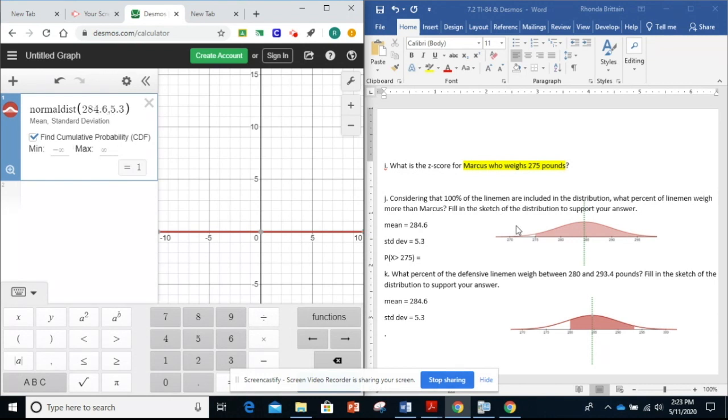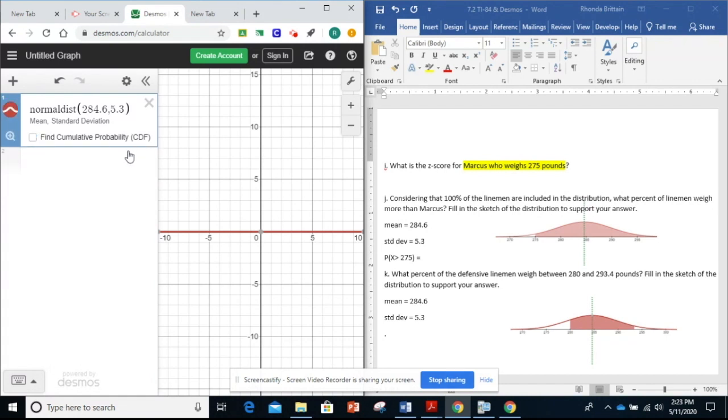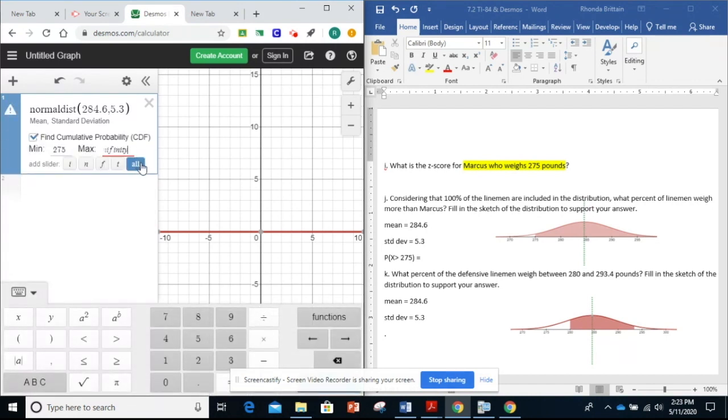And so we actually are going to shade everything on this number line starting at 275 and going up to infinity. On the TI-84, there's not really an infinity button, but notice here there is an infinity, and I'm going to type the minimum to be 275. Now, if I didn't have that infinity already filled in, I could just type in the word infinity, and then it's actually going to change that for me. Well, if you spell it right, it will.